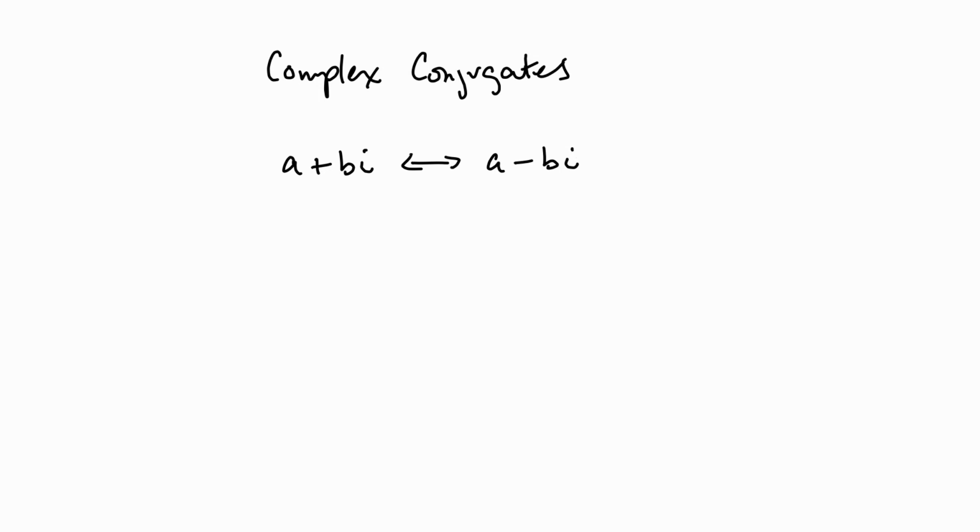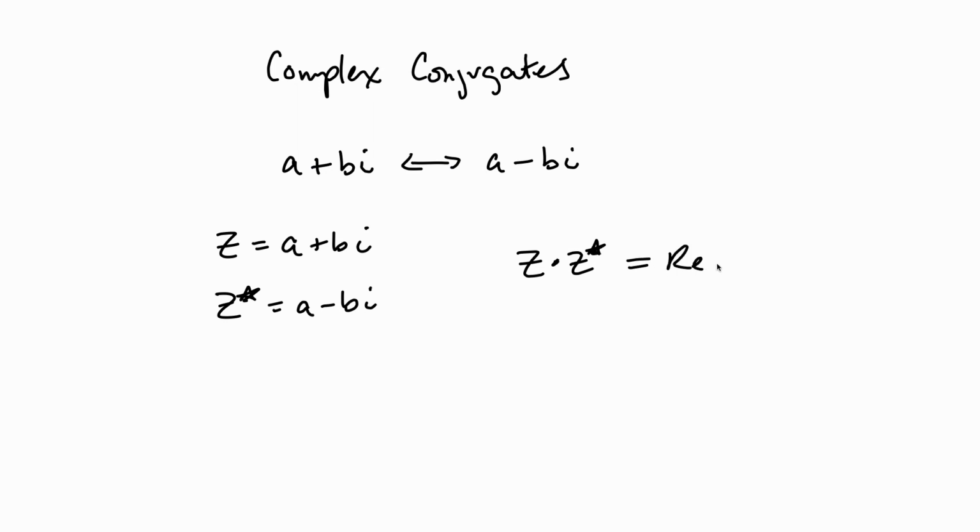Oftentimes we'll call complex numbers by z for some reason, so if you've got z equal to a plus bi, its complex conjugate will be z star, which is a minus bi. And complex conjugates can be handy because if you multiply them together, z times z star, the answer will always be a real number.